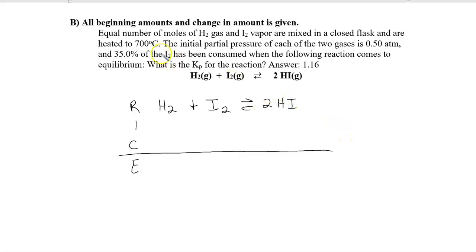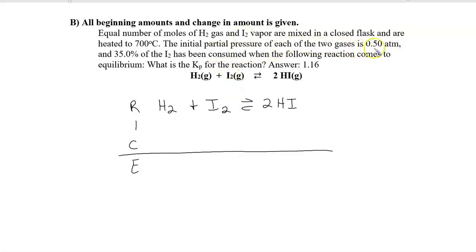It says equal moles of H2 and I2 vapor are mixed in a closed container and are heated to 700 degrees. The initial partial pressure, the beginning pressure, of the 2 gases is 0.5. We only put H2 and I2 in the container, so there was no HI in the beginning.